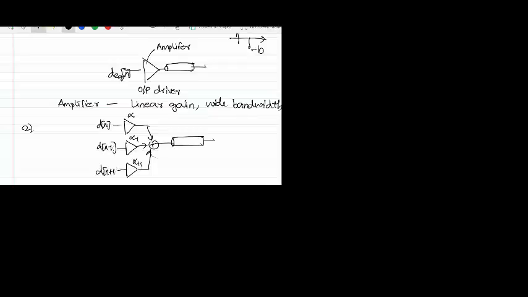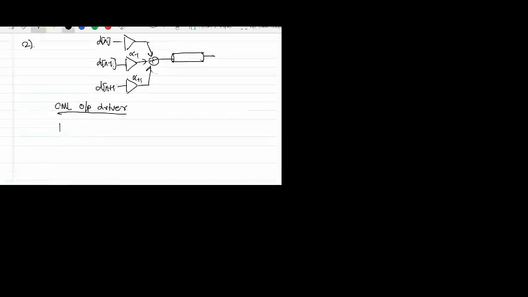is the CML output driver. Okay, so a basic CML output driver is, so you have d of n, d of n bar.